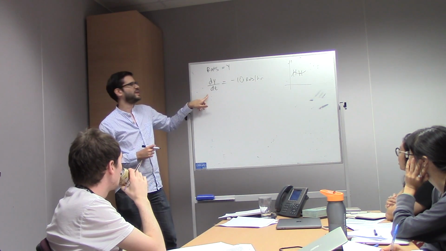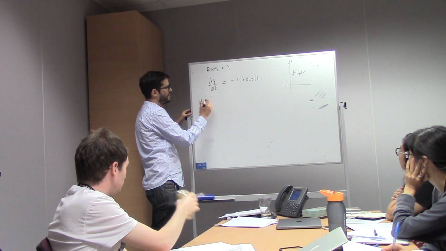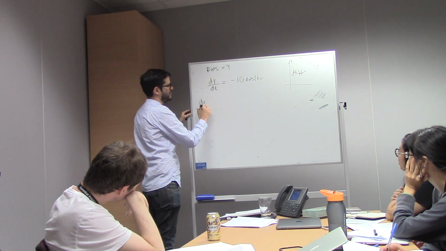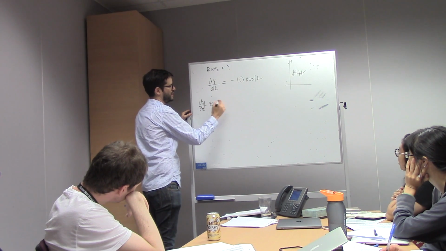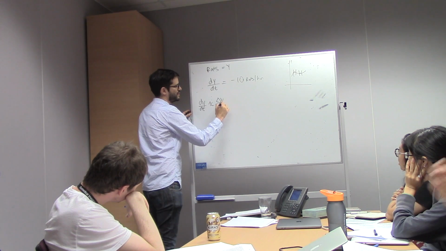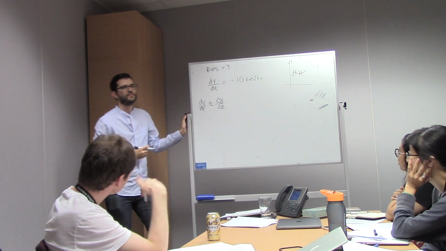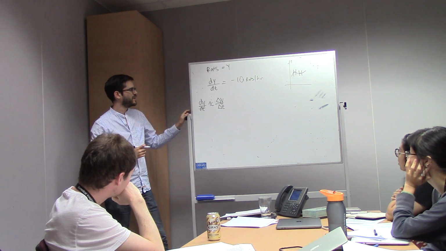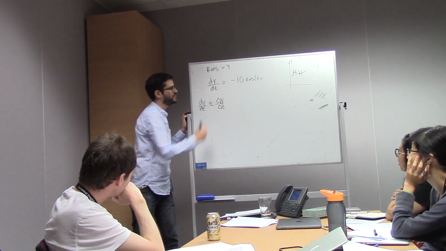But let's make an approximation. For a very small segment of time, dy/dt is approximately the change in y divided by the change in time. Is this okay?